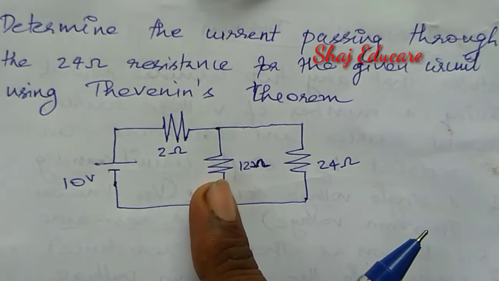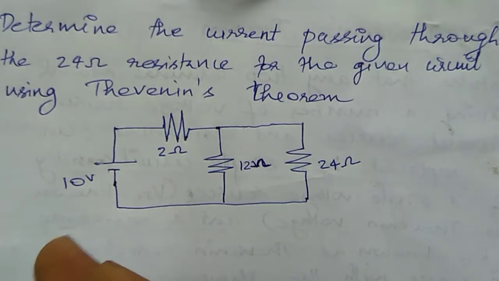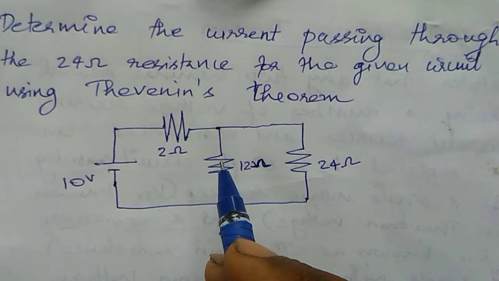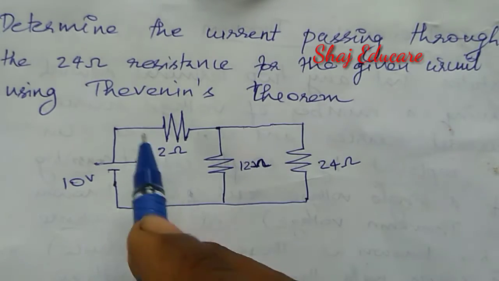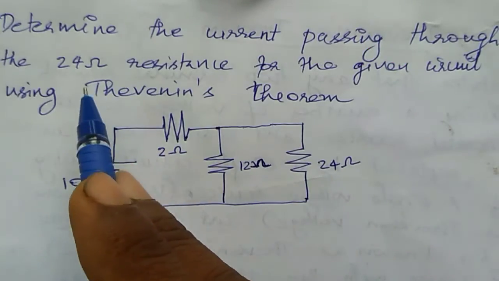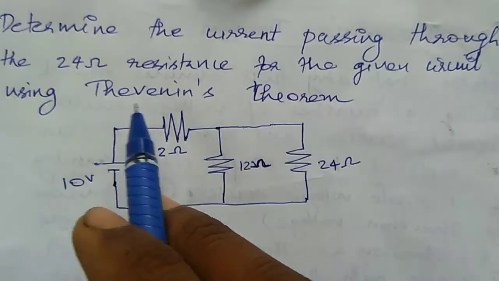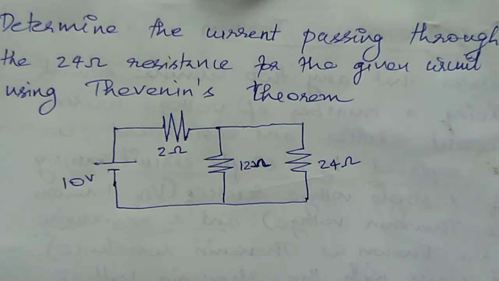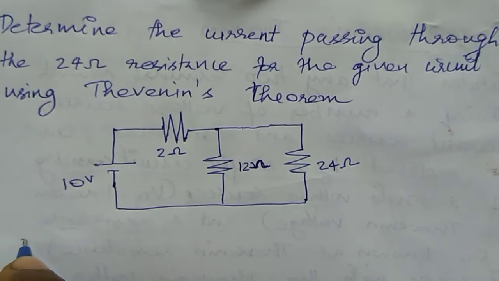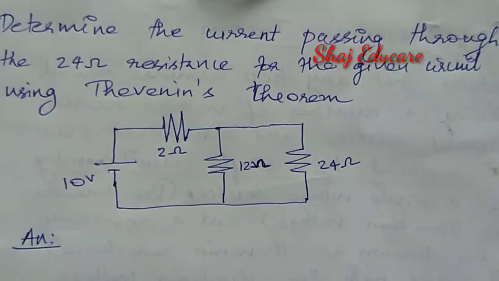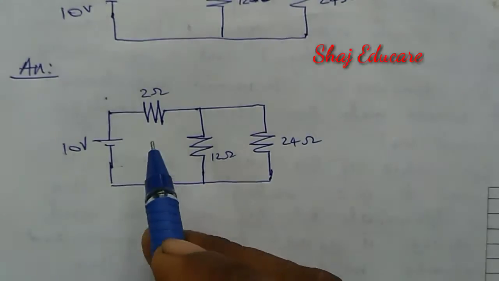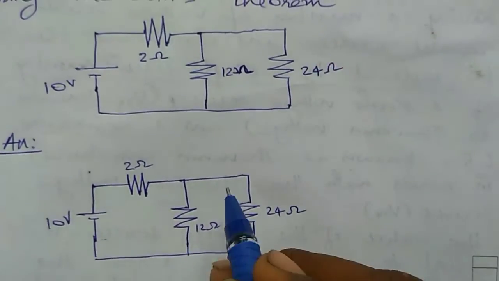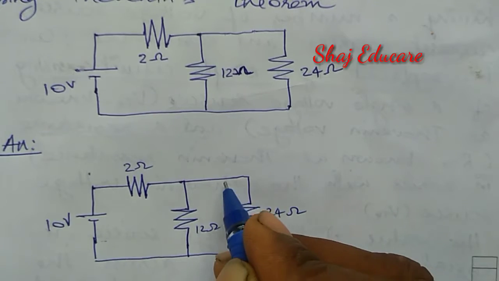In this circuit we can also apply the current division rule, but it is specified here to solve the problem using Thevenin's theorem. Okay, right? For that purpose I'm going to redraw the circuit again. Okay, solution or answer. This is our circuit given. We have to find the current flowing through the 20 ohm resistance.